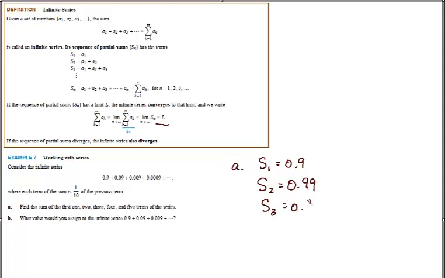Sum 3 is 0.999. Sum 4, 0.9999. And then they ask me, where do I think that this sum is going? What would the limit be? I would say that it was going to 1.